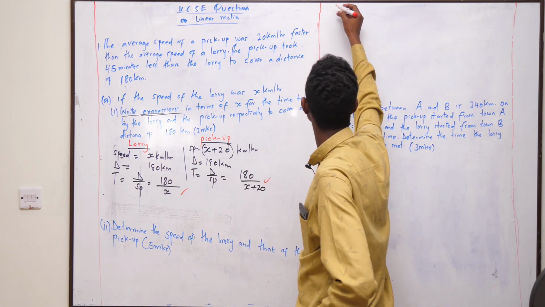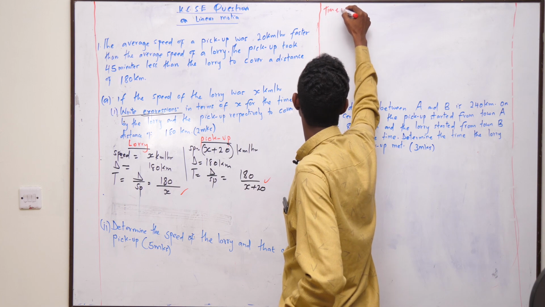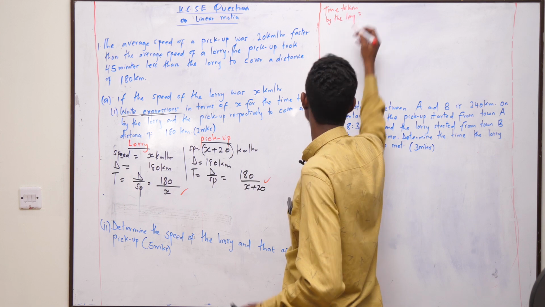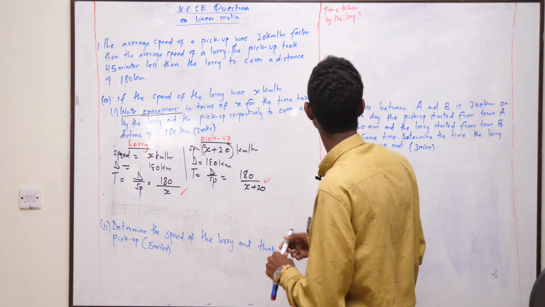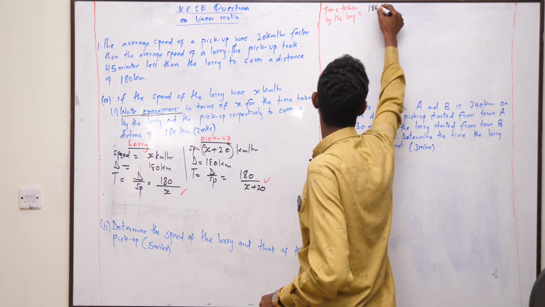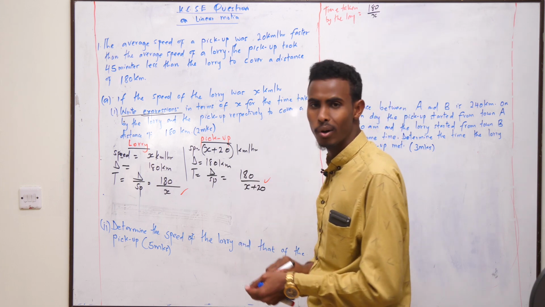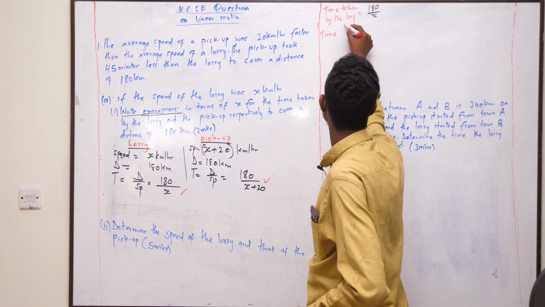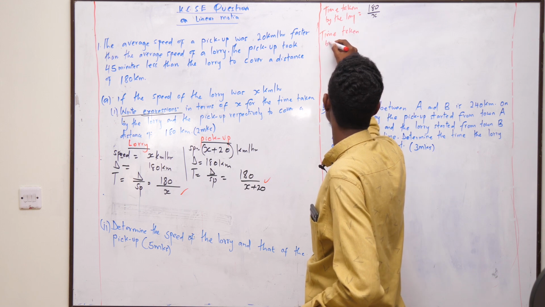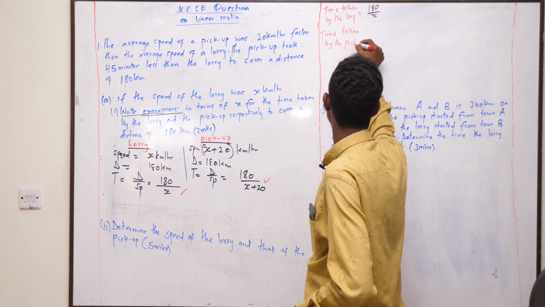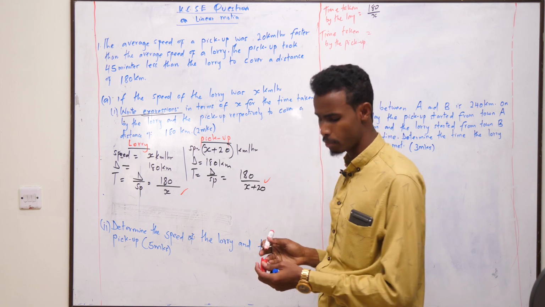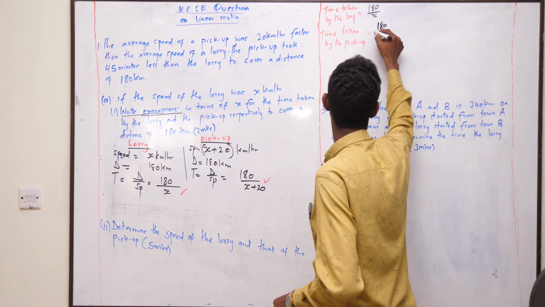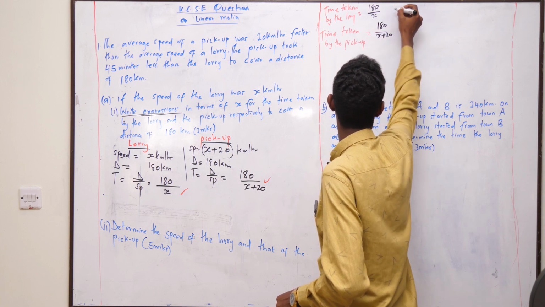The time taken by the lorry is equal to 180 over x. The time taken by the pickup is simply 180 over x plus 20.